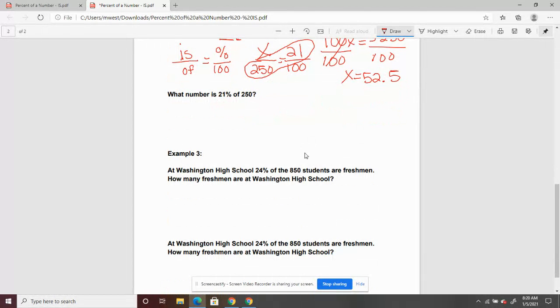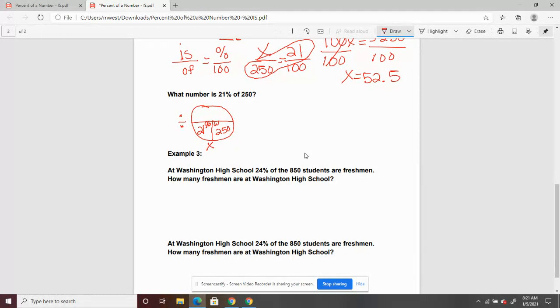All right, and then the alternative method. Just remember the top half is the part, and then you've got the percent and the whole on the bottom. This line means to divide. This line means to multiply. So what number is, we don't know the top, 21%, because this is our percent, and then our whole is 250.